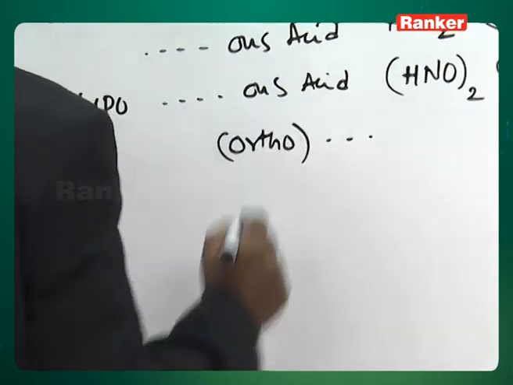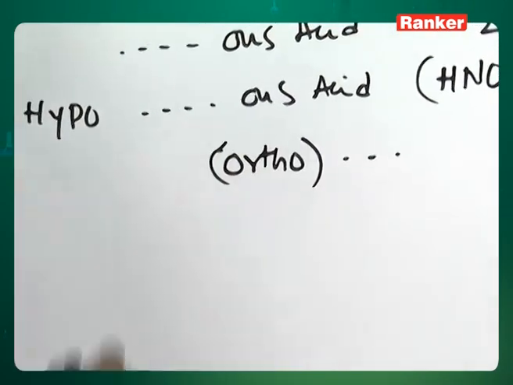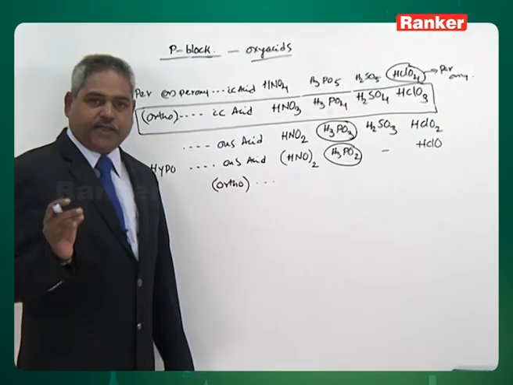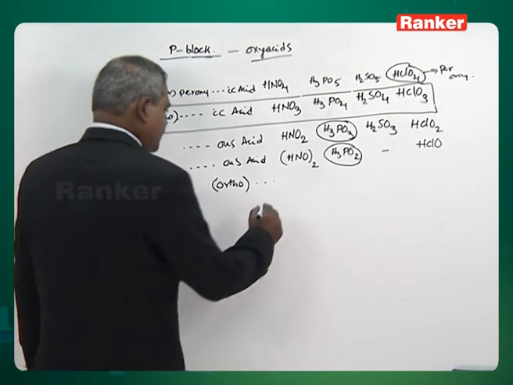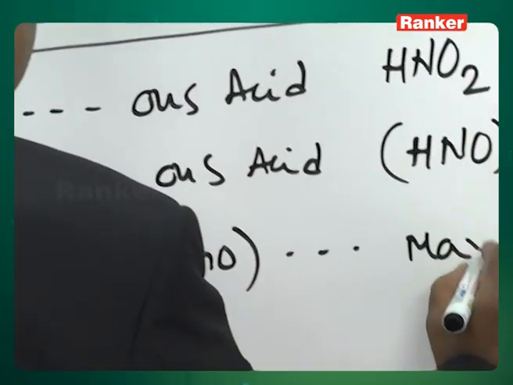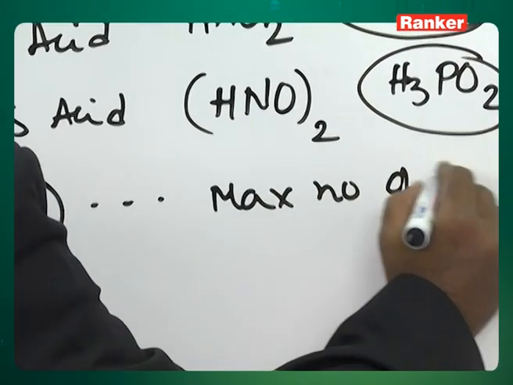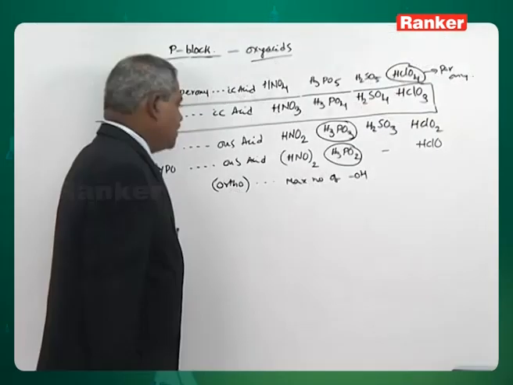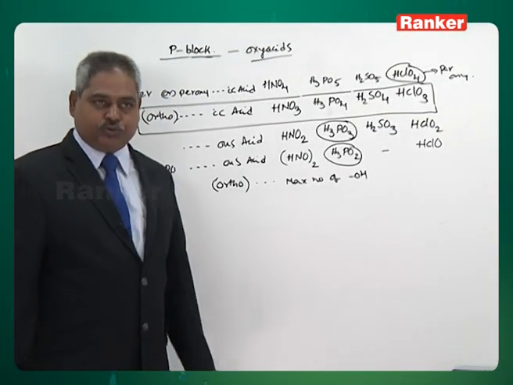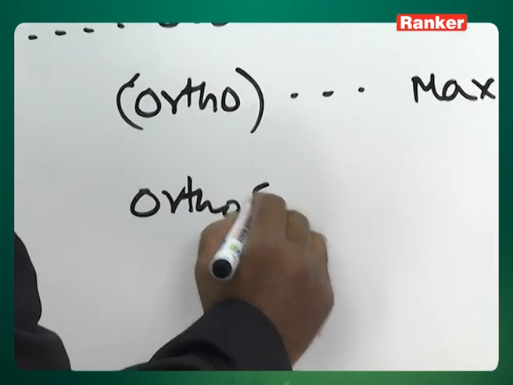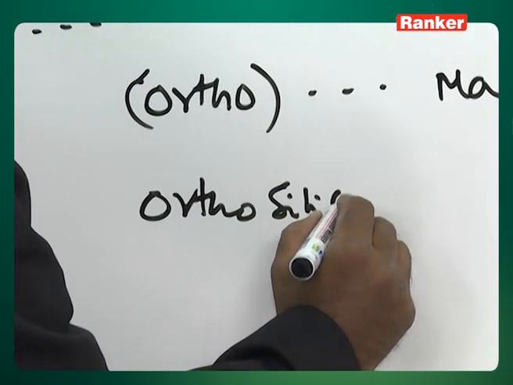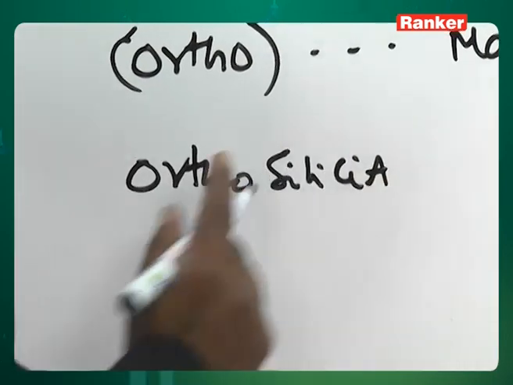Now let us give some respect to this ortho. Let us add some significance to that also. Ortho means maximum number of OH groups that a particular atom can attach to. For example, orthosilicic acid.